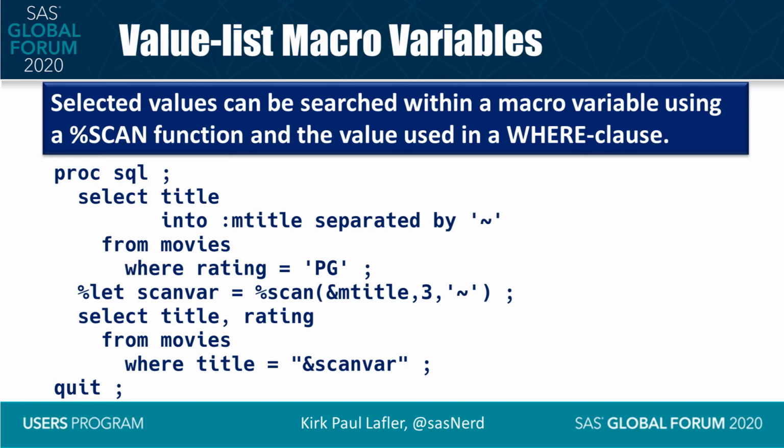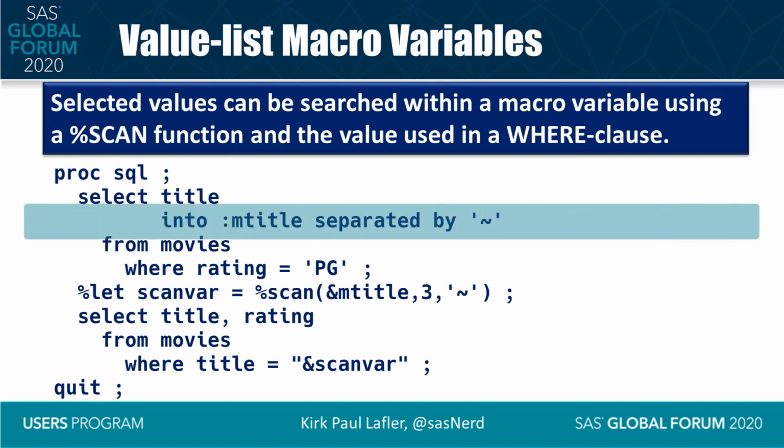Continuing with this theme, we want to select values for searching purposes with the %scan function. And we're going to accomplish this with the where clause. So for example, using that same example we just did, select title into :M title separated by tilde, where rating equals PG.